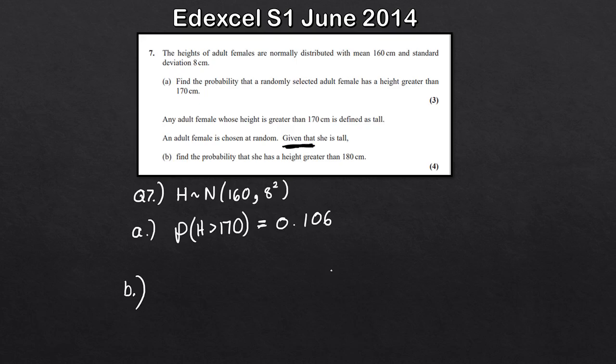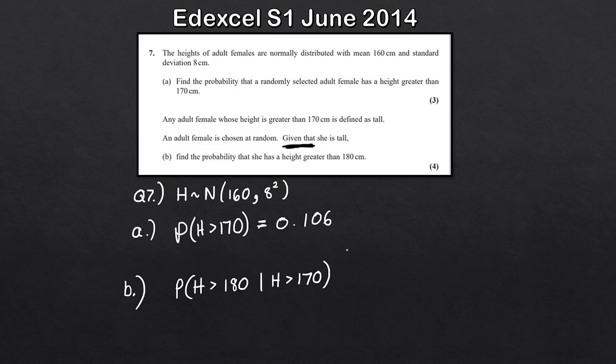So what I'm looking for here is the probability that a woman has a height greater than 170 centimeters. Oh, sorry, 180 centimeters. So the probability that H is greater than 180 centimeters. But we're doing this given that she's defined as tall, and tall is greater than 170 centimeters. So H is greater than 180, given that H is already greater than 170.